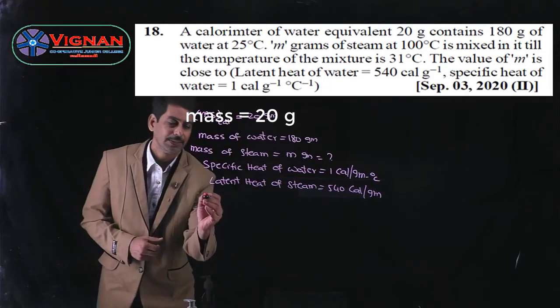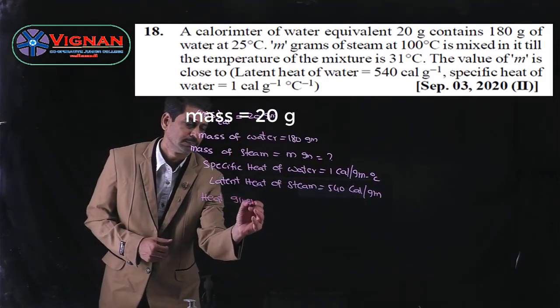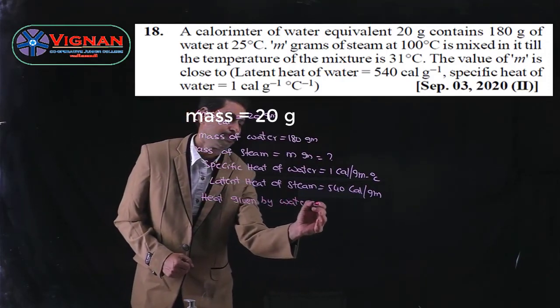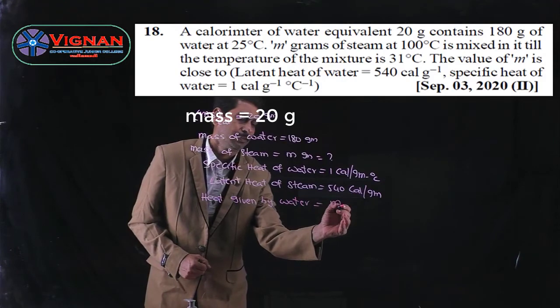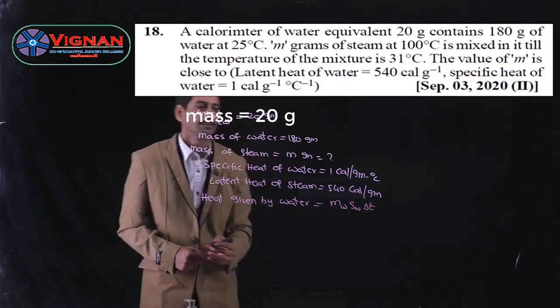Now let us find the heat gained by water. It is nothing but m c delta T, the mass of water, specific heat of water into change in temperature.